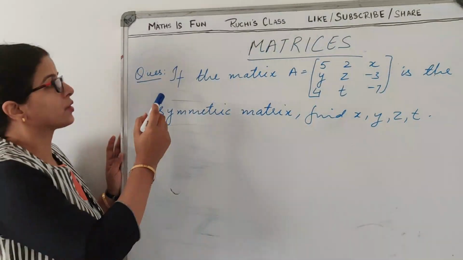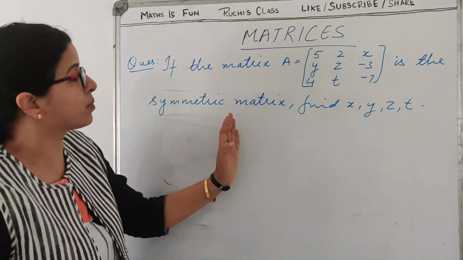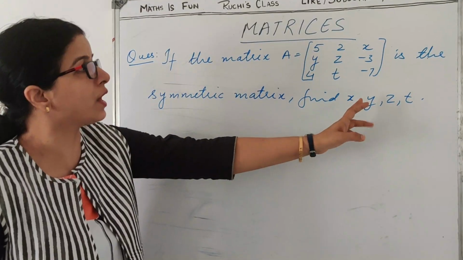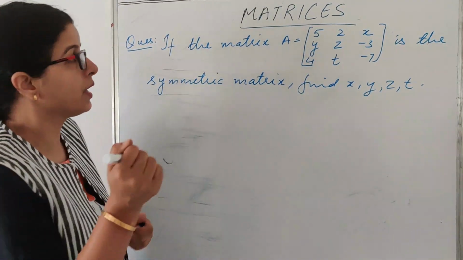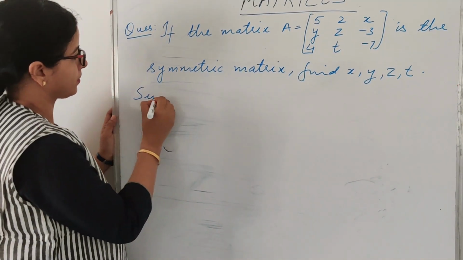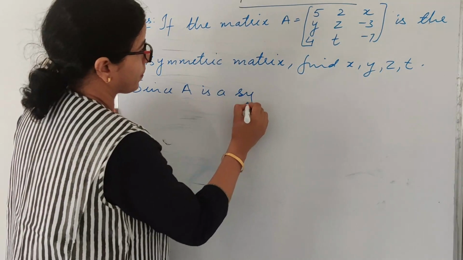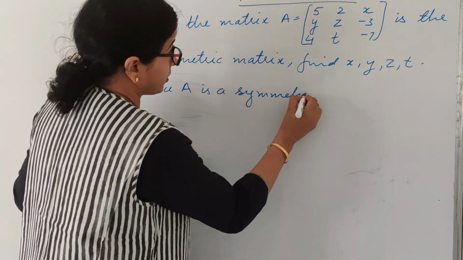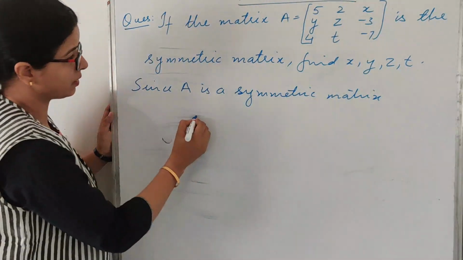Now, if the matrix A is given to us and is a symmetric matrix, then we have to find the values of the unknown quantities X, Y, Z and T. Since A is a symmetric matrix, what does that mean?